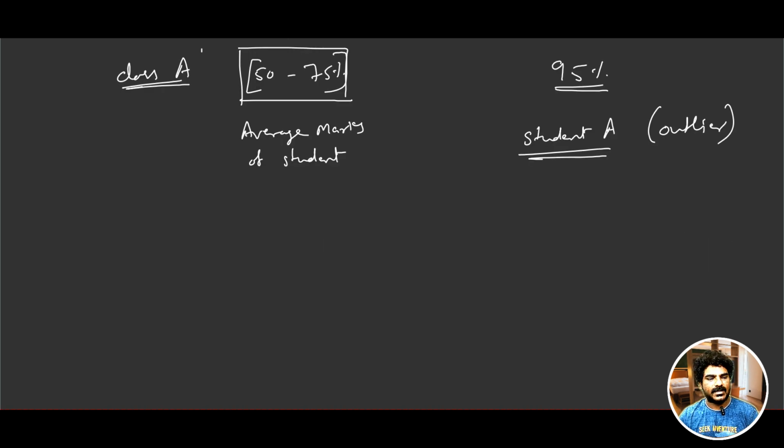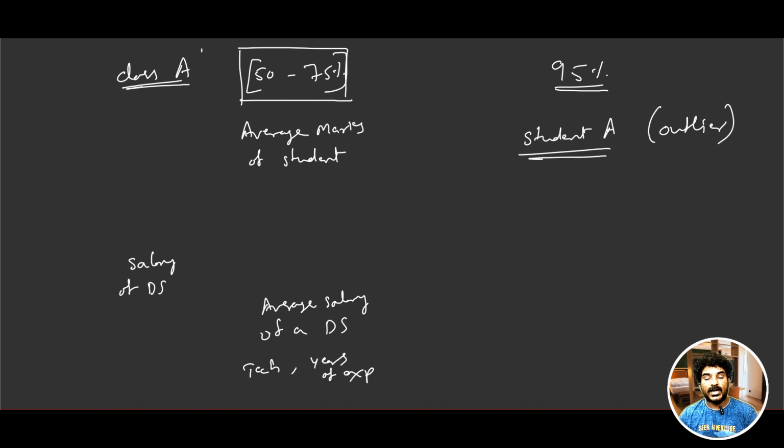Let's take another example: the salary of a data scientist. Suppose we take the average salary of a data scientist with a given technology and years of experience. Just for simplicity and understanding, don't think this is the actual salary.